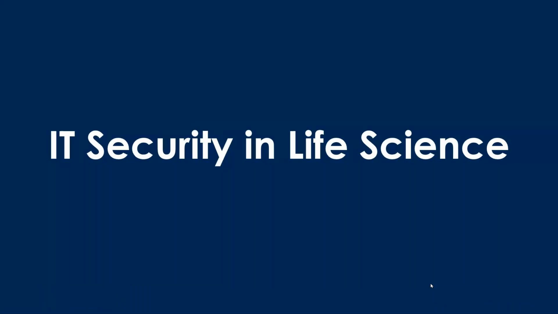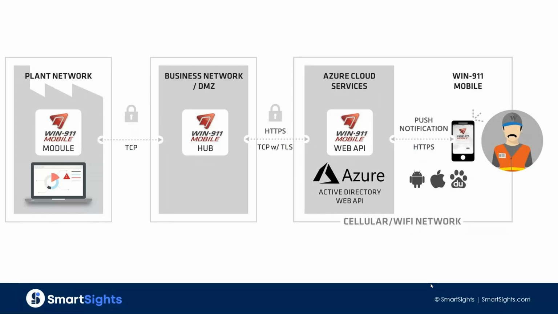All right. So IT is involved intimately in most production environments, specifically in life science. What we do here is we have a very modular design, and that allows us to be implemented across most topologies that you're going to find in any organization. We have a module that sits within the plant network itself.